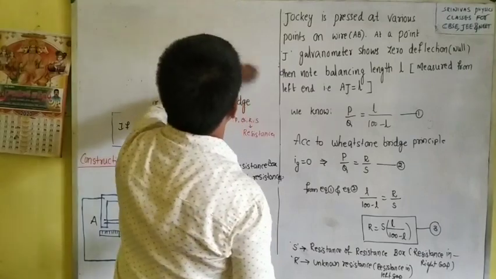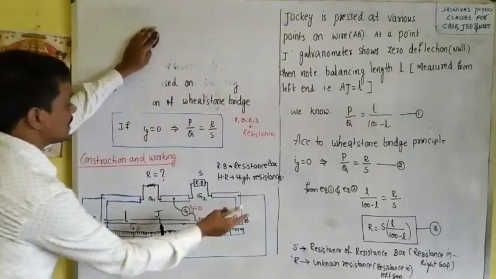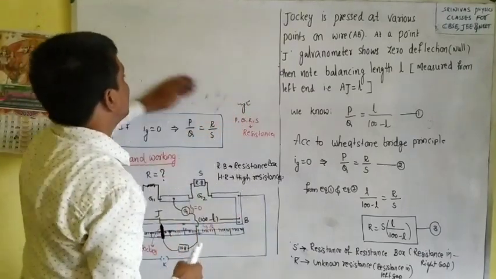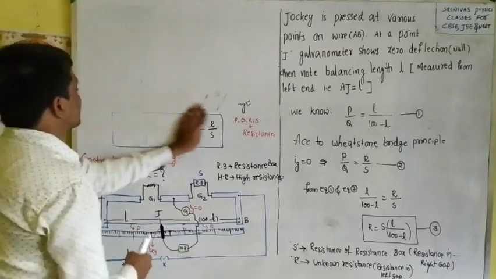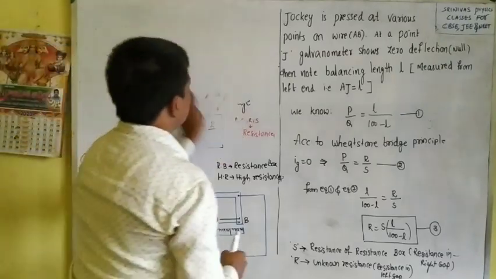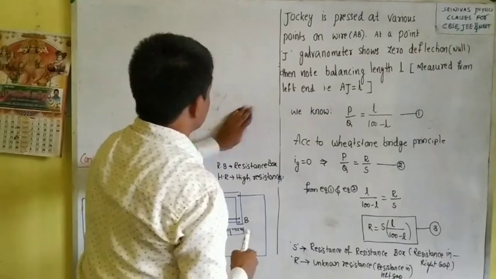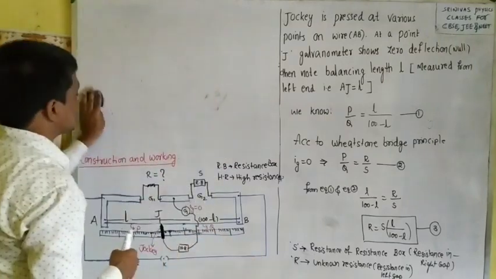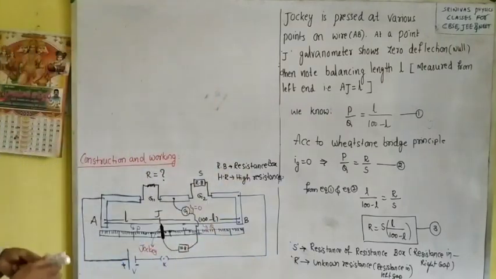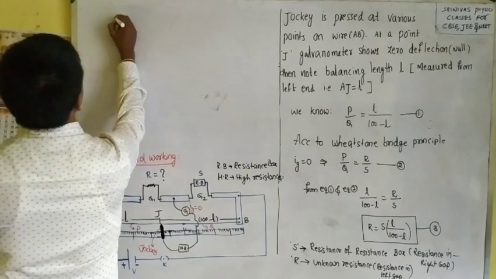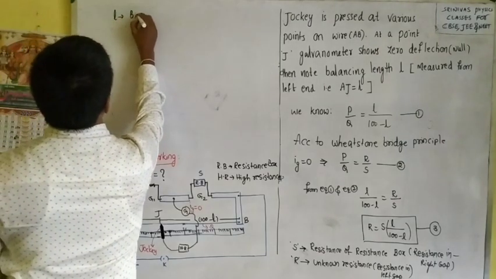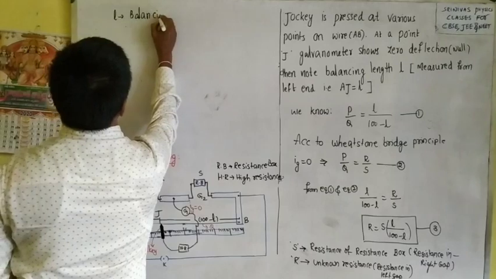One side length is L, the other side length is 100 minus L, because the total length is 100 centimeters. That's why if one side length is L, the other side length is 100 minus L, where L is the balancing length.